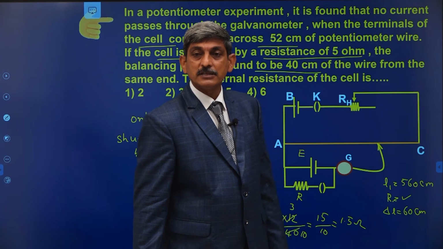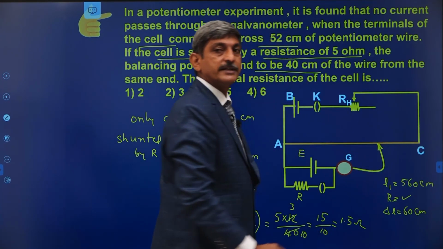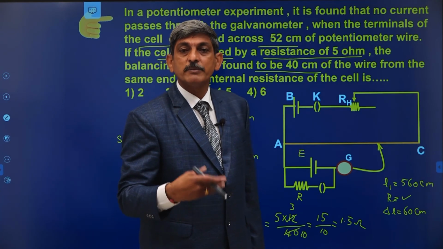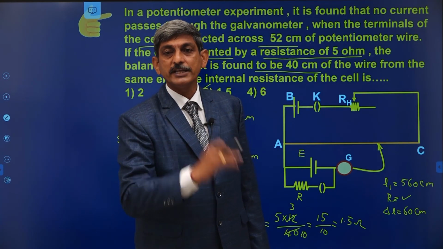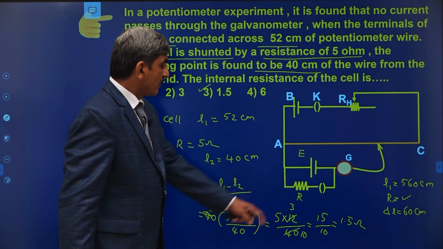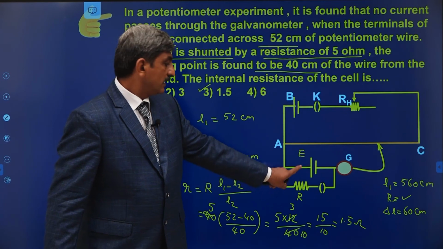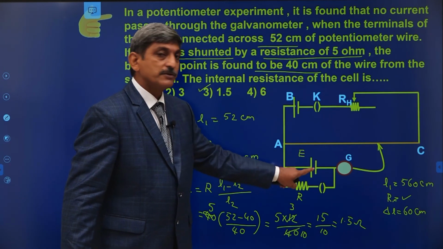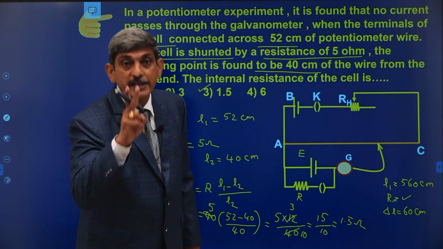What is meant by shifting? That may be shifting either towards right side or towards left side. Because of that, the balancing length may be increasing or decreasing. We may be confused. Which case to be taken? Remember, whenever the external resistance is connected across the cell, the terminal voltage of the cell is reduced. Because of that, the balancing length must be reduced.